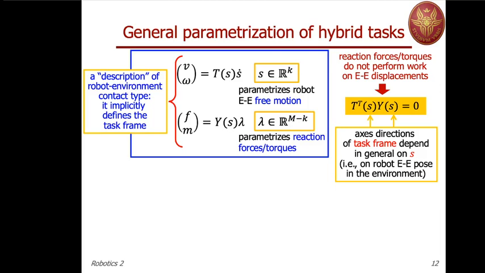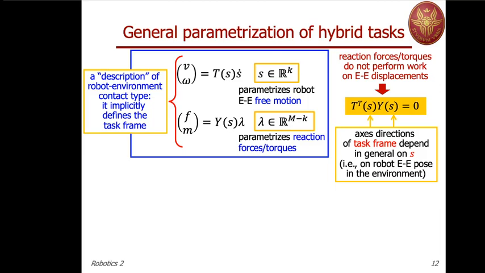In general, both the T matrix and the Y matrix will be functions of this parameter, which is associated to the progress of the task. As we have seen, in some cases T and Y will be constant, so there's no parameter, but this is the more general format.